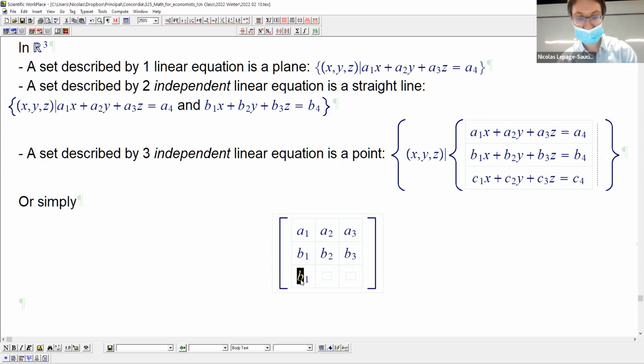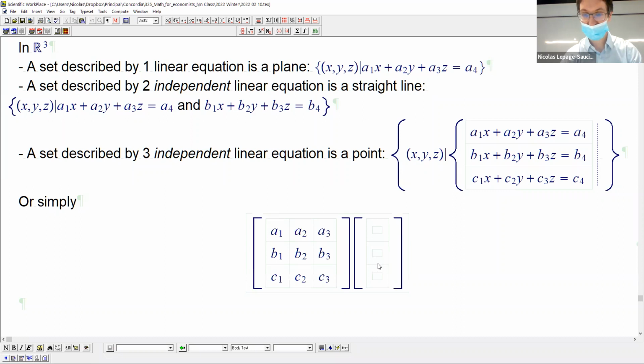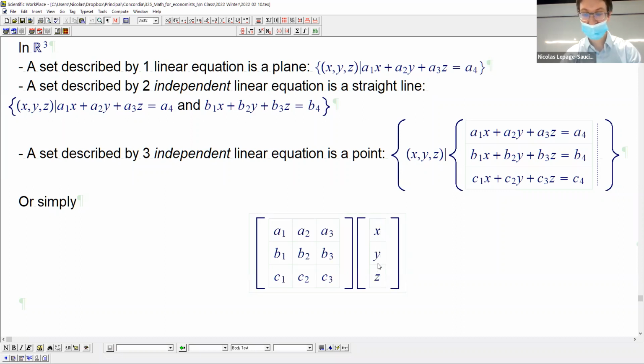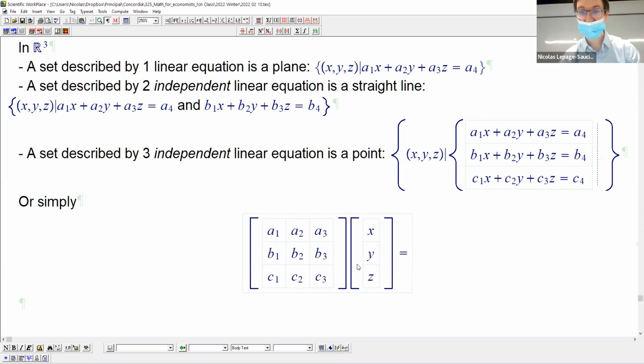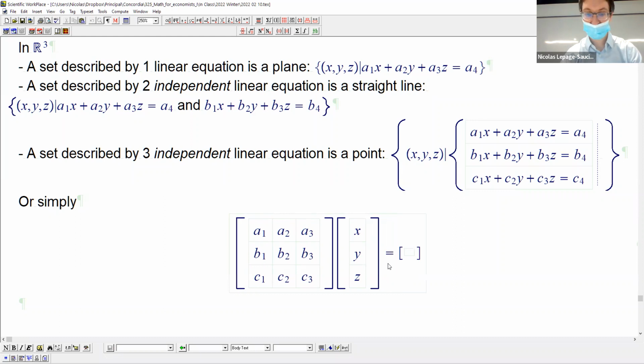And C1, C3, which multiplies x, y, z, equal to 4.